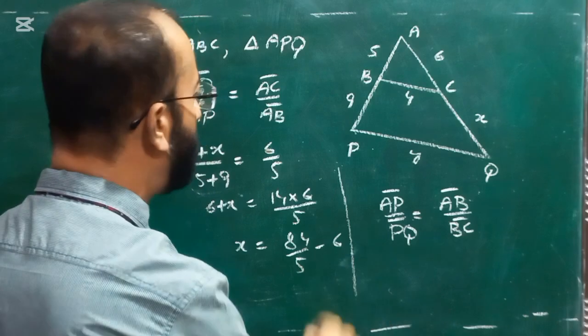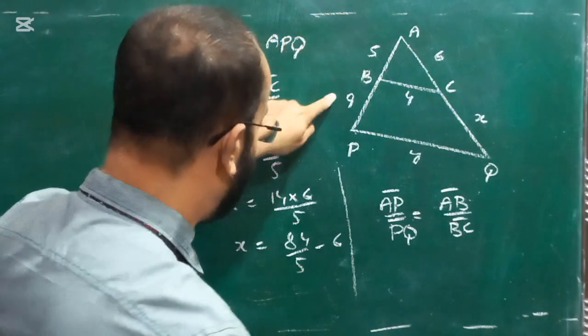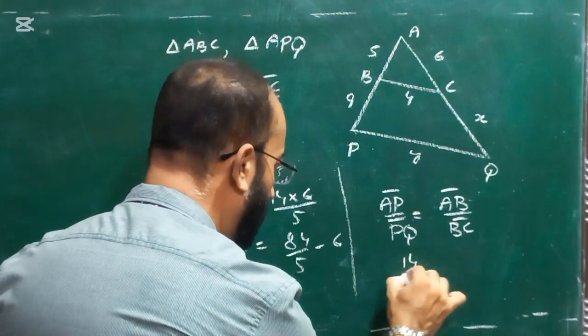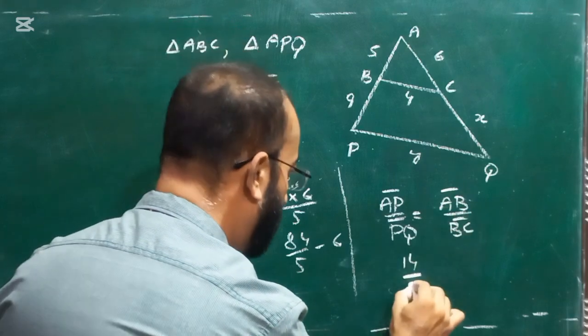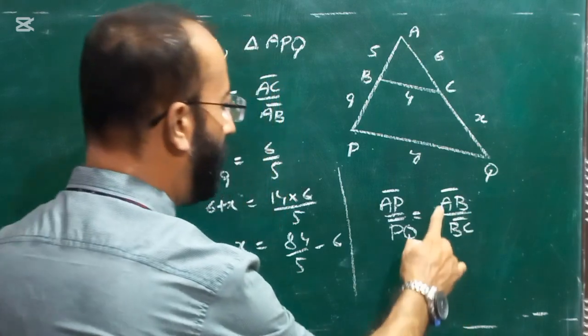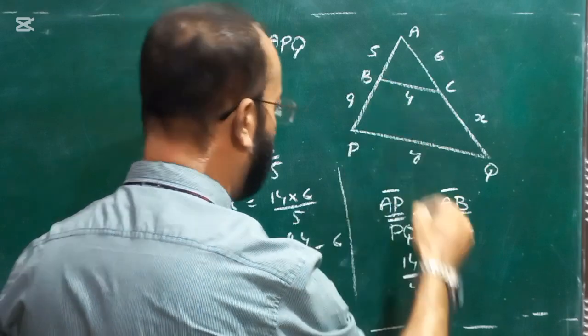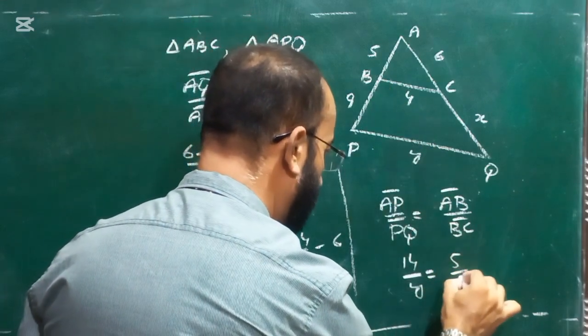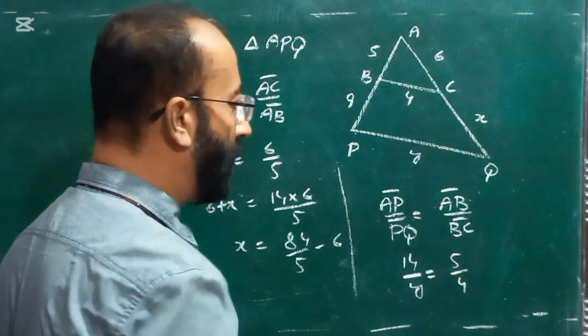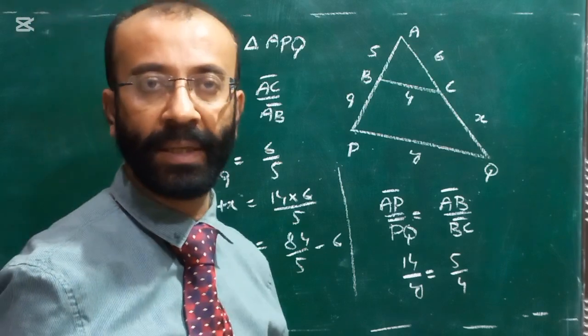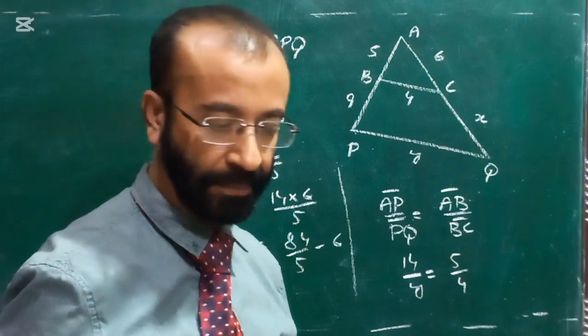Now putting the values, AP is 5 plus 9, 14. PQ is Y. On the right hand side, AB is 5 and BC is 4. So 5 by 4. From here you will cross multiply the values and you will get the answer.